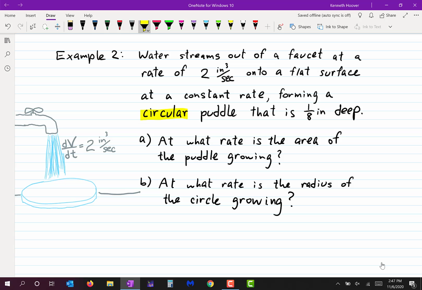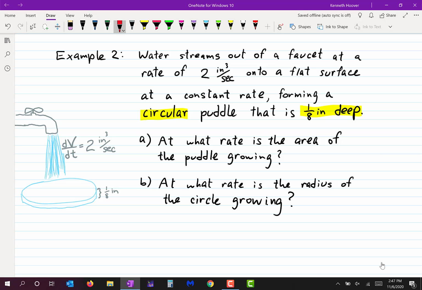So I drew a circle, and it's 1/8 of an inch deep. So that means this right here. Let me erase this gray line. We don't really need that. That means this thickness or depth or height, whatever you want to call it, that's 1/8 of an inch.